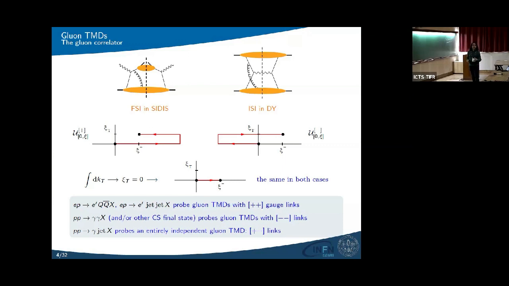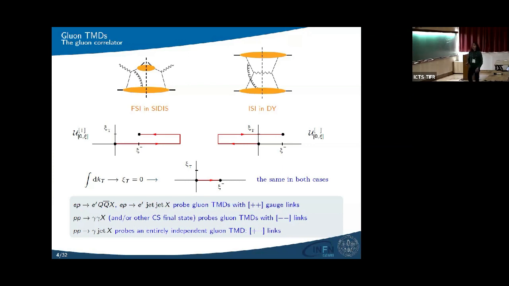But they are very important when we consider quark TMDs, and especially when we consider gluon TMDs, because we have two objects like this. In the most general definition of gluon TMDs, we can have any kind of gauge link.